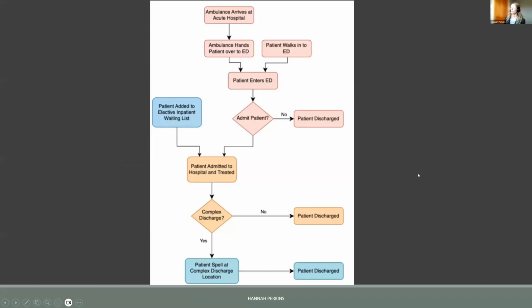I use discrete event simulation, and I'm sure you've heard a lot about discrete event simulation today. The reason I picked it for this project is to be able to have that randomness and variability in processes within this flowchart. Patients flow through this flowchart.